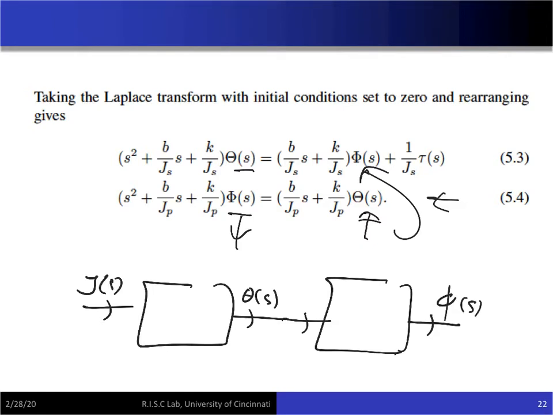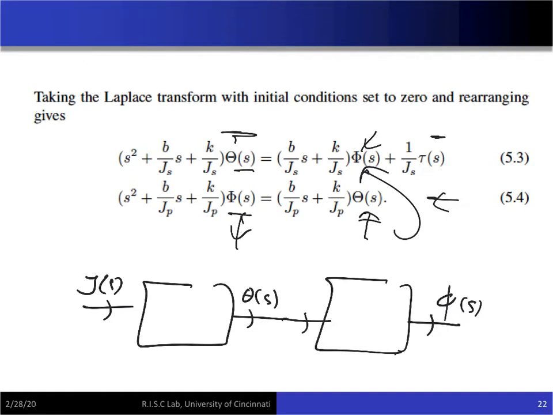So basically, a system can be made into a cascaded system also, like a multiplication of two transfer functions, right? So from here you can solve for phi of s, plug it in here, and then you will get a ratio of just theta s to tau s. Okay?